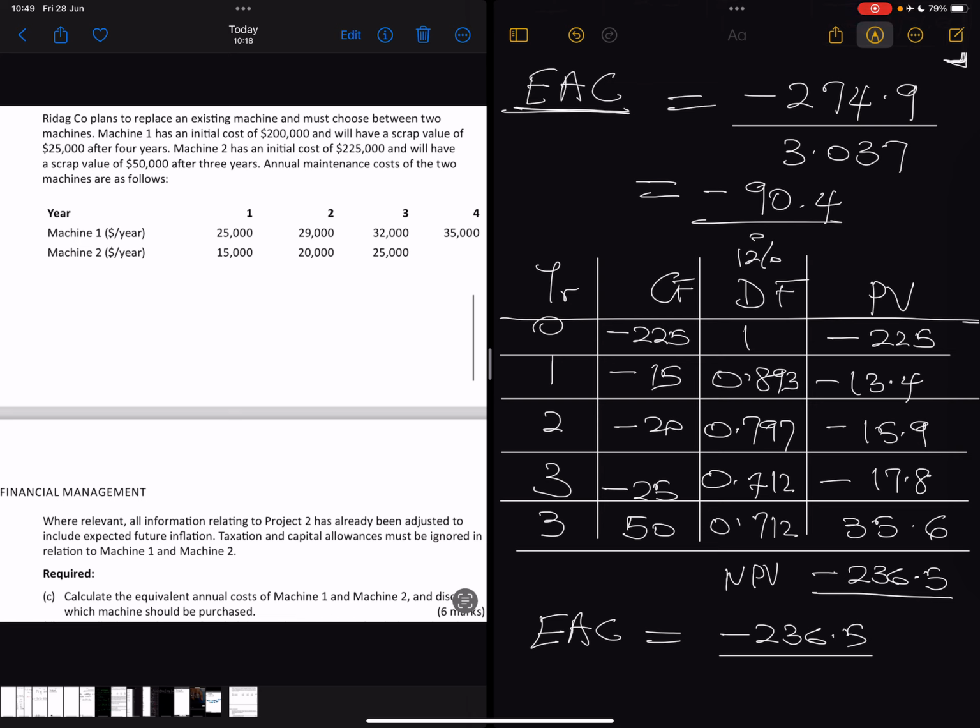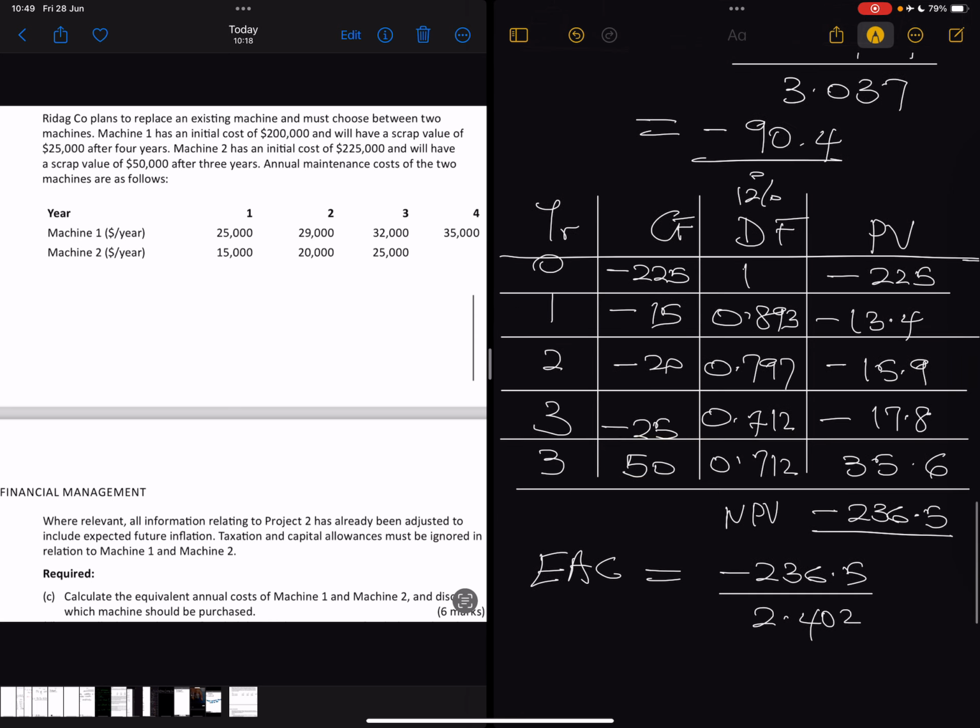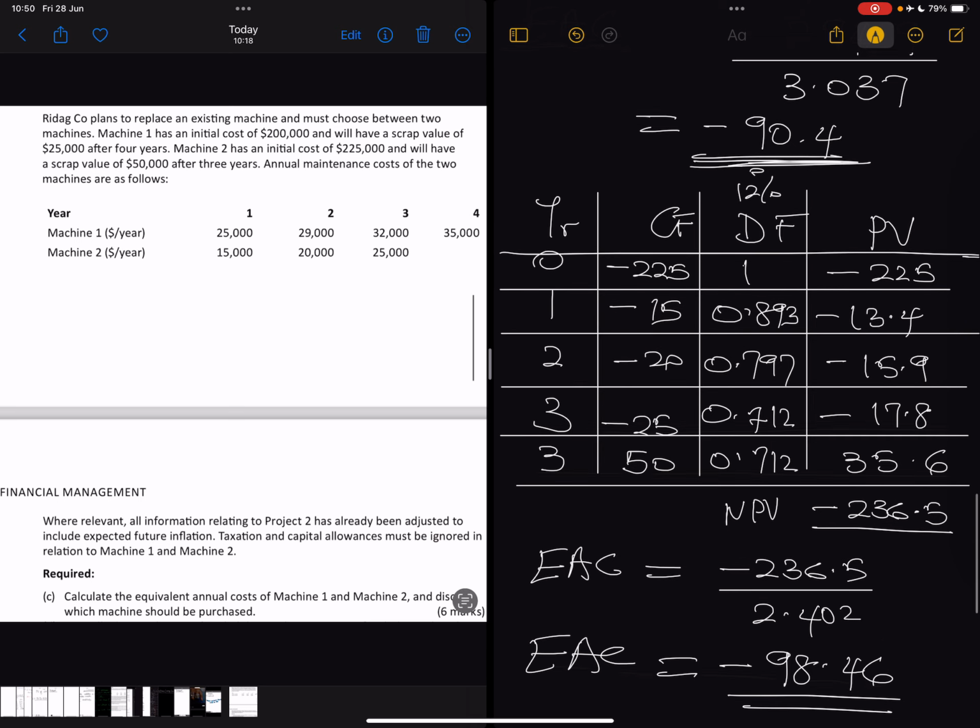If you check the annuity table, you have a factor of 2.402, and that gives an EAC of negative 98.46. So machine 2 has an EAC of 98.46 and machine 1 has 90.4.